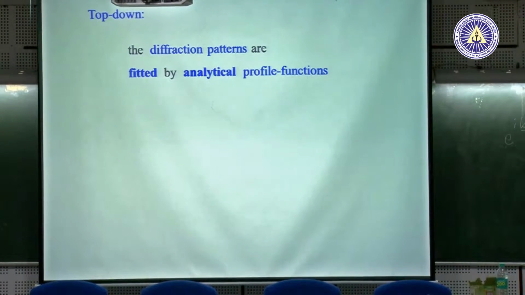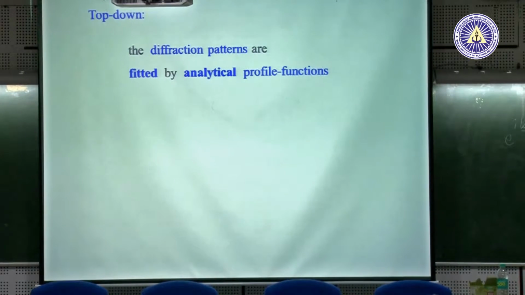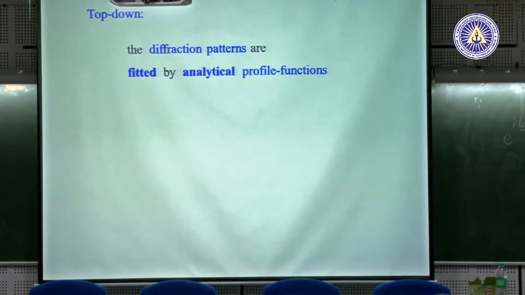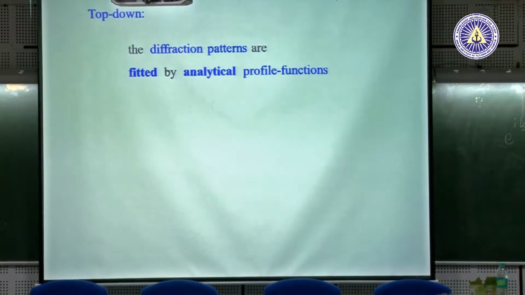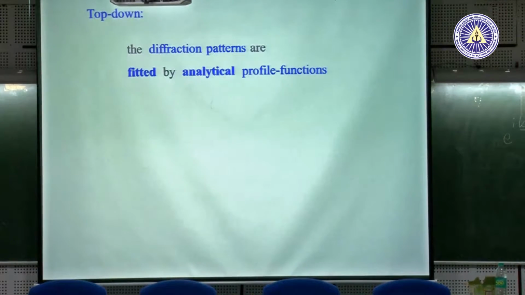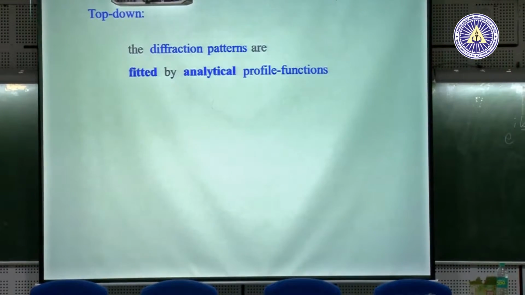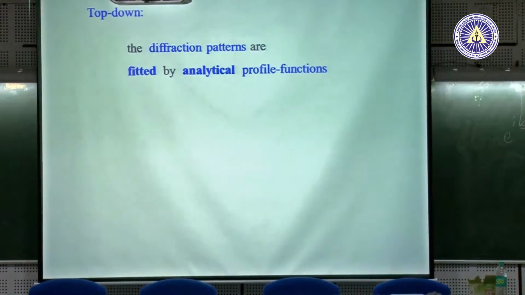You can, in principle, think that you have a diffraction pattern and you describe the peak profiles by well-known profile functions. And then you try to interpret the different profile function fractions in terms of some microstructure features.